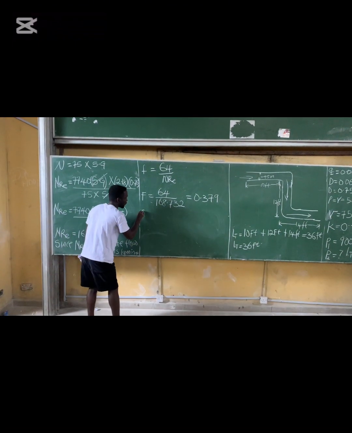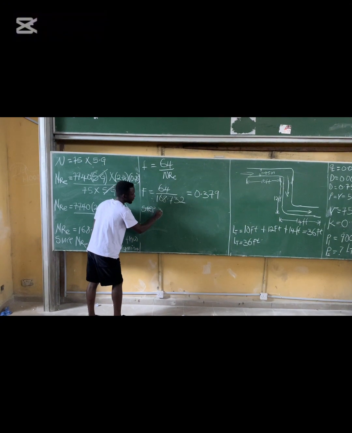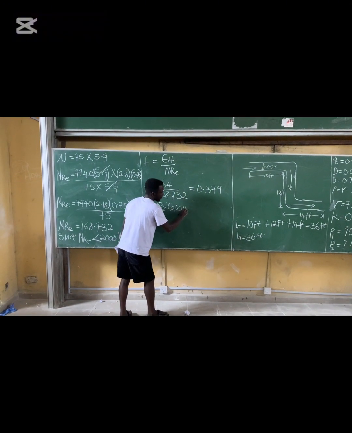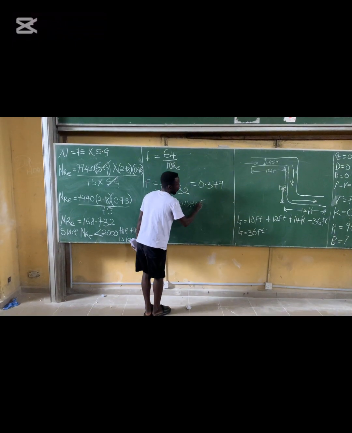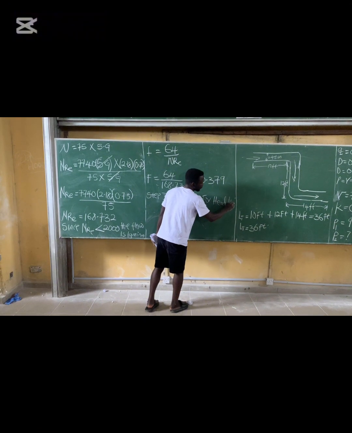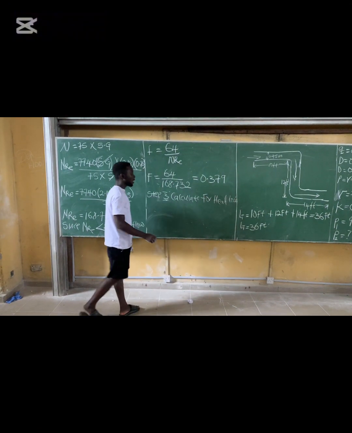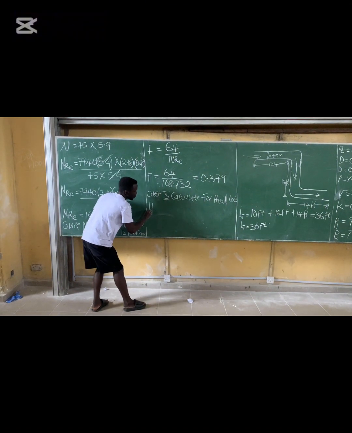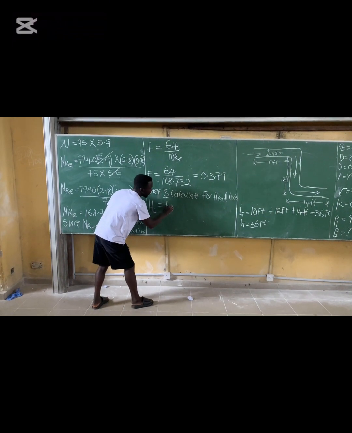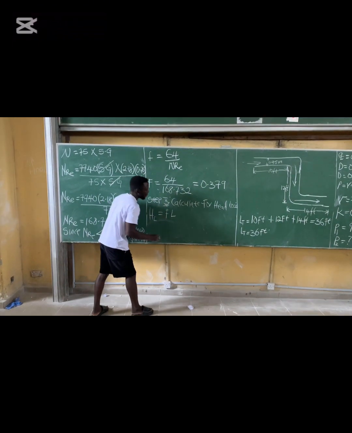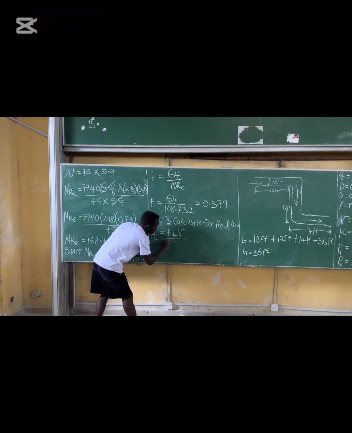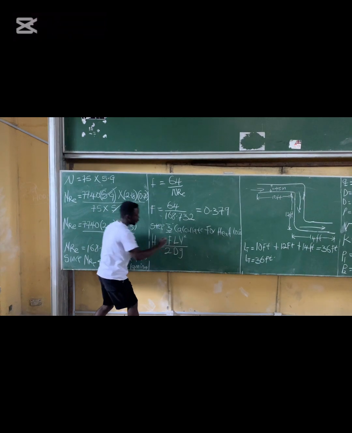Now that we have our friction factor, we can simply calculate our head loss. Remember the head loss formula. Step 3. Calculate for head loss. We said that head loss, hf, is equal to the friction factor multiplied by the length of the pipe multiplied by V squared, all divided by 2Dg.